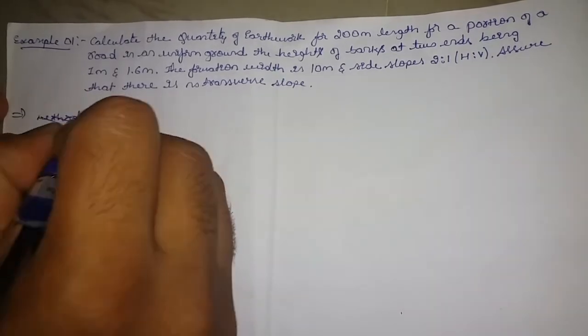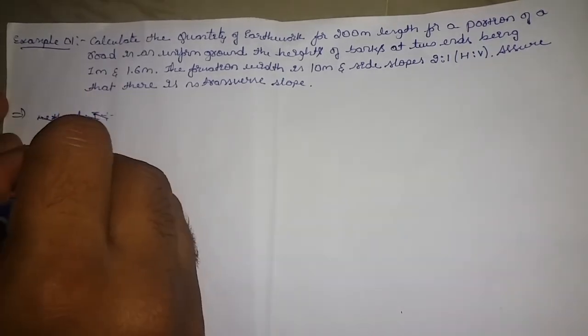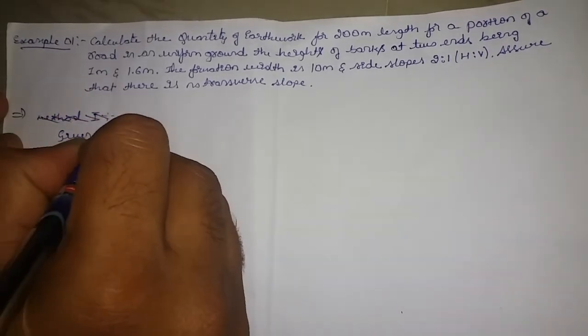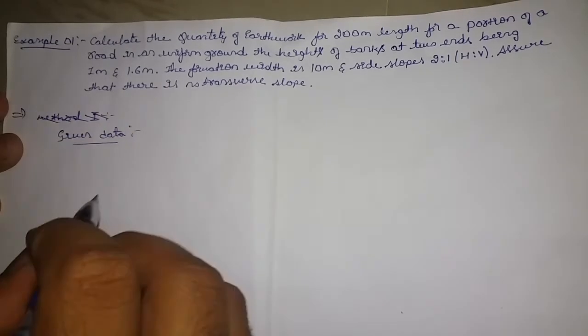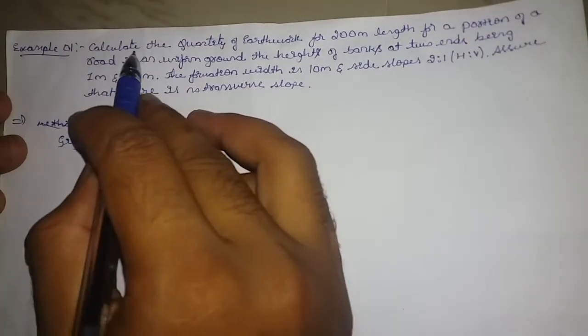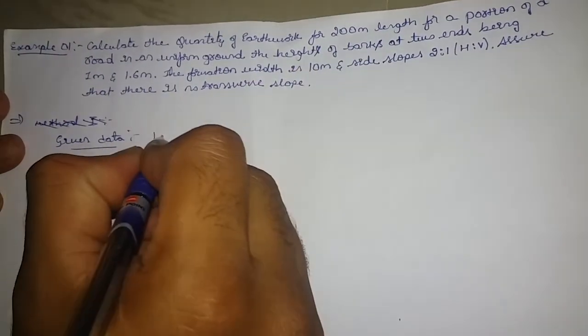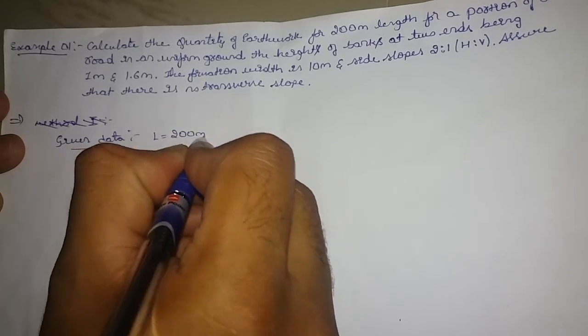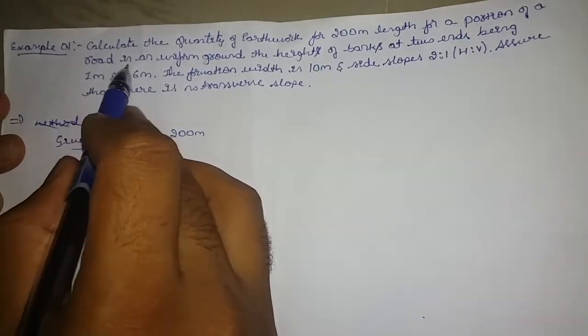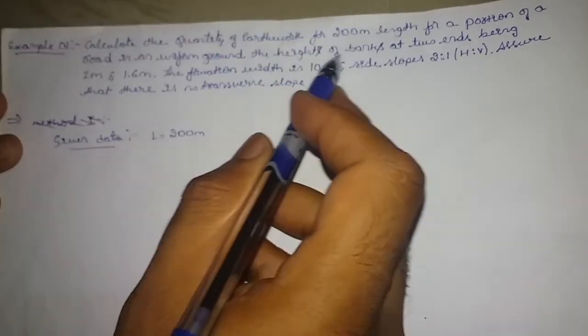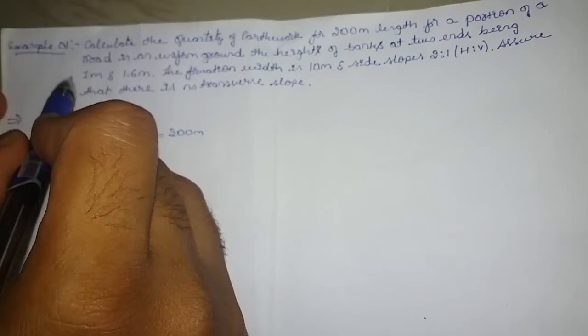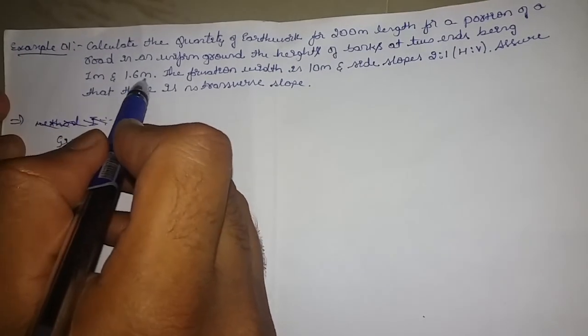I will write out the given data in the question, so that we understand what is given. One is to calculate the quantity of earthwork for 200-meter length, so L is given, that is 200 meter. For the portion of the road in uniform ground, the heights of the banks at the two ends are 1 meter and 1.6 meter.